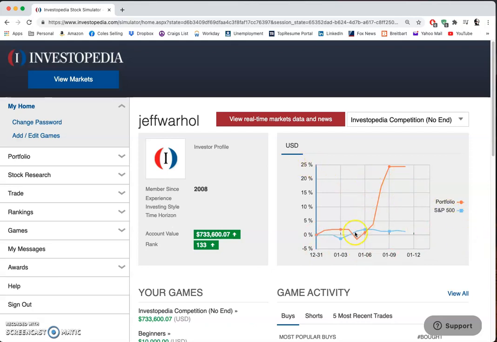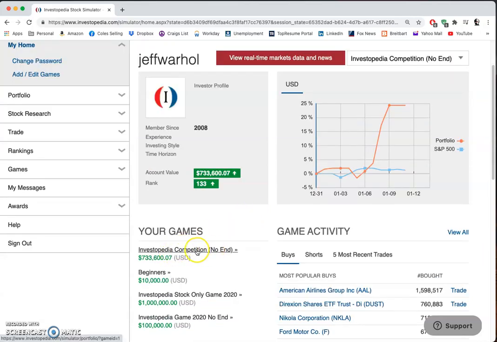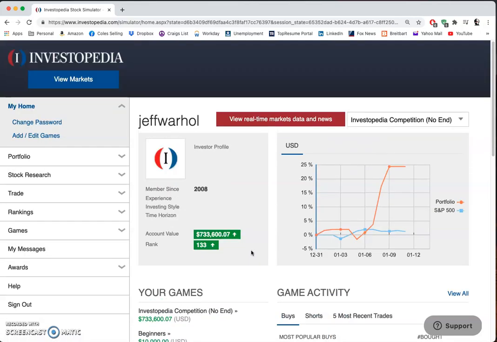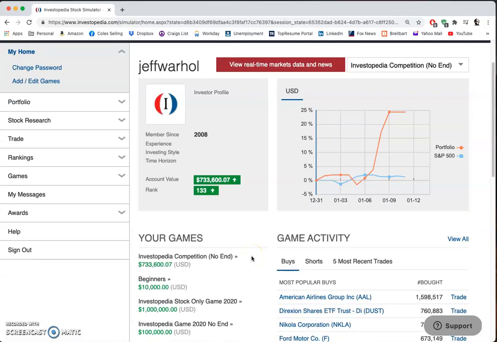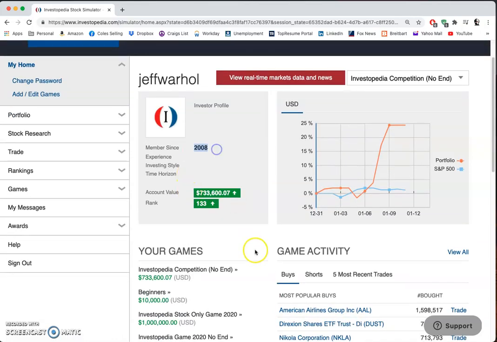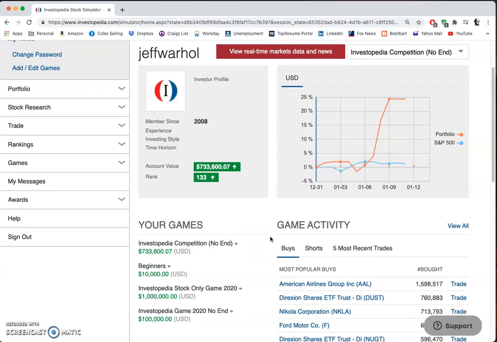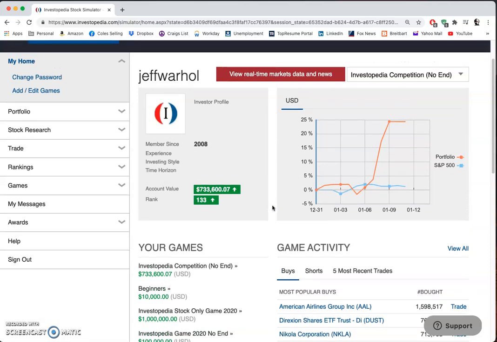My game is called the Investopedia Competition No End. I started this game with $100,000 back in 2008, so I've been doing this for a while. And right now I'm sitting at $733,000. I'm ranked number 133 out of some number of hundreds of players. So I've had a pretty good run of luck lately.